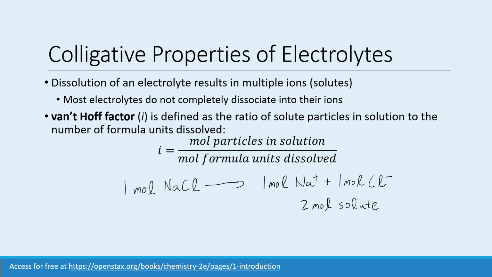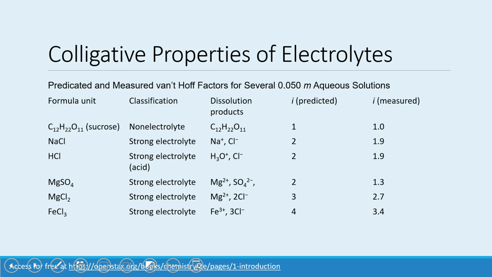One of the issues is that electrolytes, even strong electrolytes, are not going to completely dissociate into their ions. And so we have what's called a Van't Hoff factor, represented as a lowercase i. You can find tables of Van't Hoff factors in your textbook.